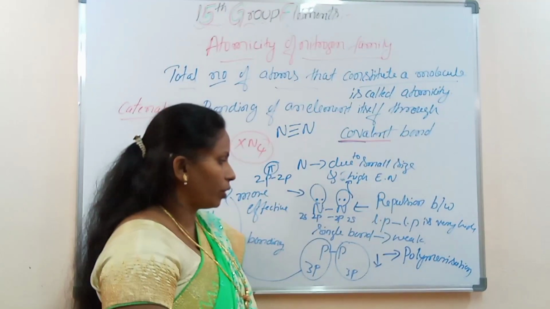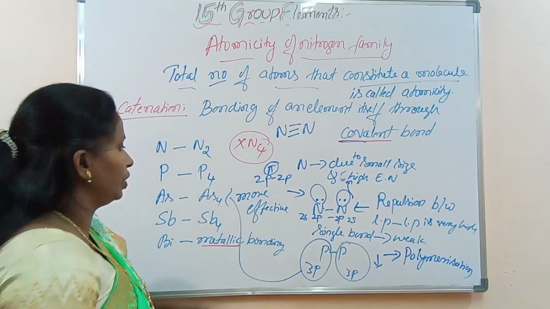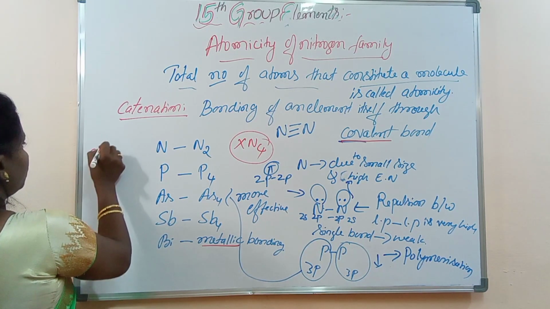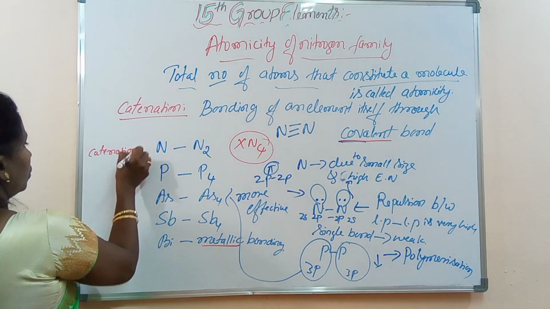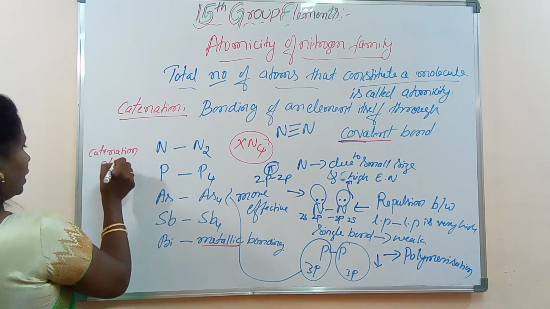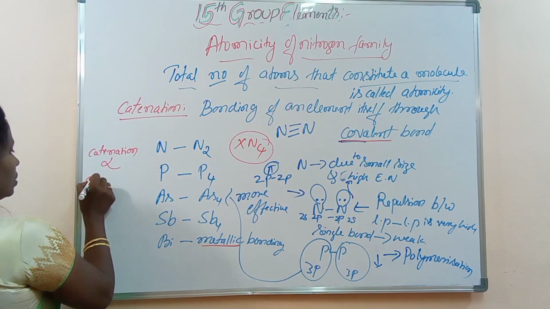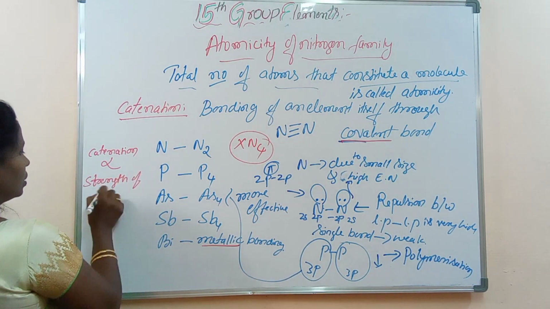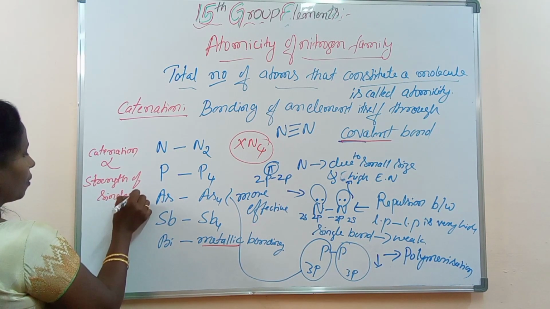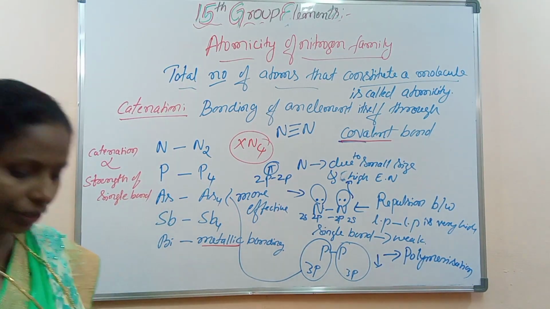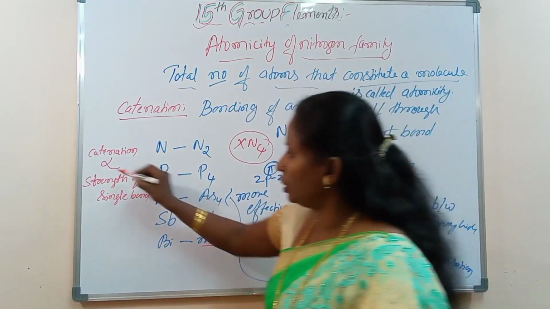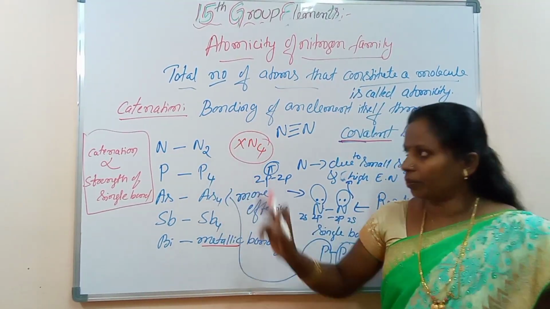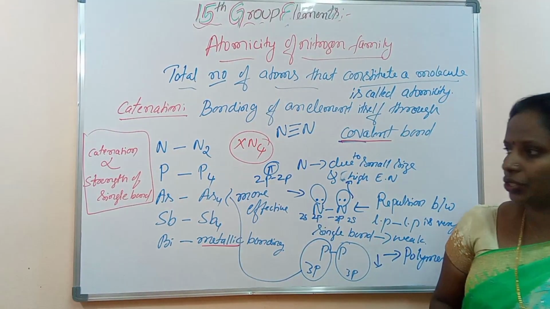For polymerization, atomicity or catenation, the single bond strength must be strong. Catenation is directly proportional to the strength of single bond. As the strength of single bond increases, the polymerization increases.